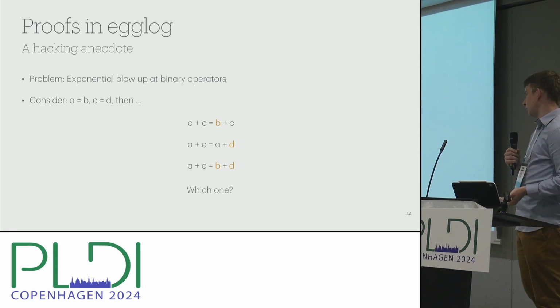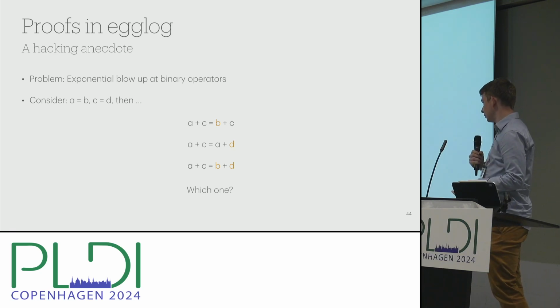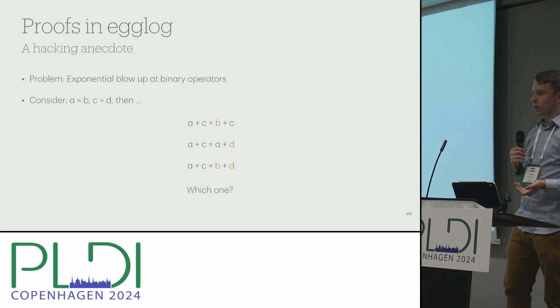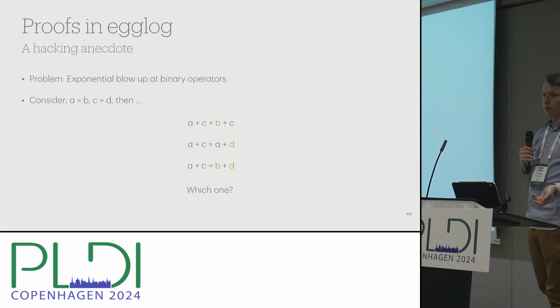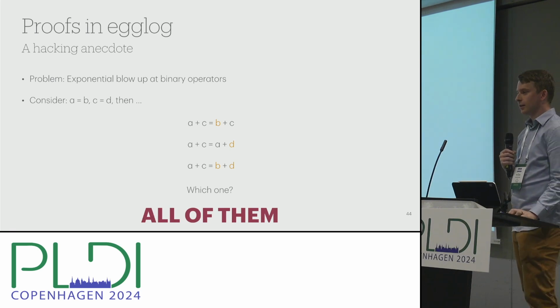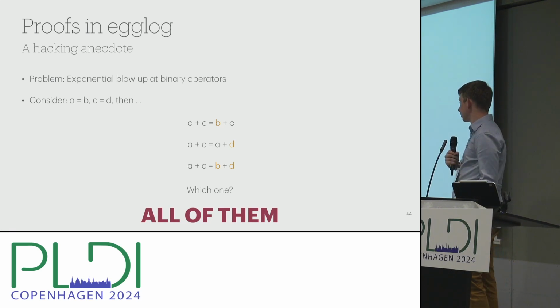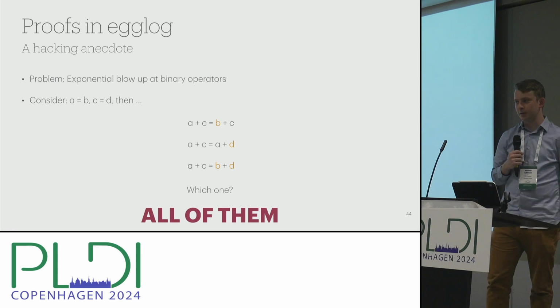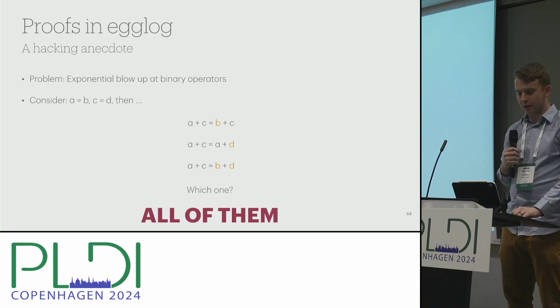And naively, of course, we would pick the one that carries the most information. However, we don't really know what our proof in the end will look like while building the e-graph. And therefore, we need to build all of them. And that means we have exponential growth over binary operators. And in a system with a ton of binary operators like ours, that will make it unusable.